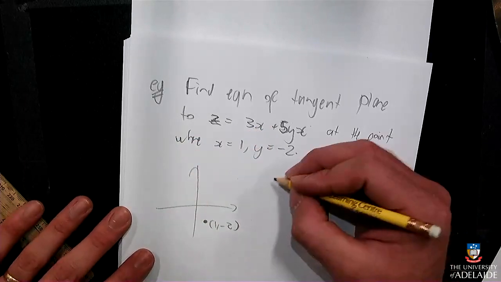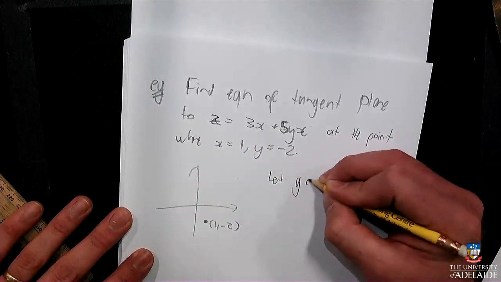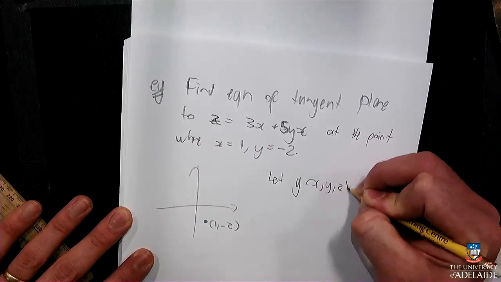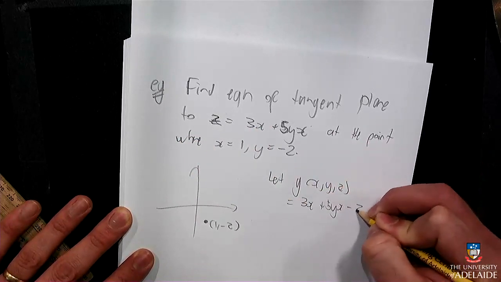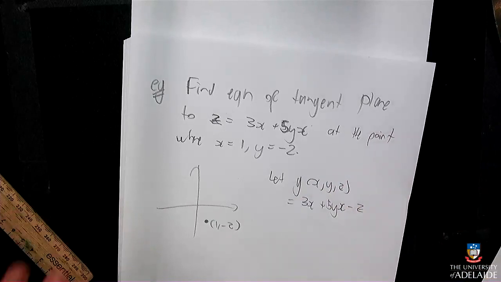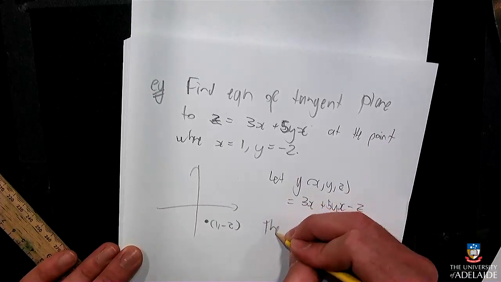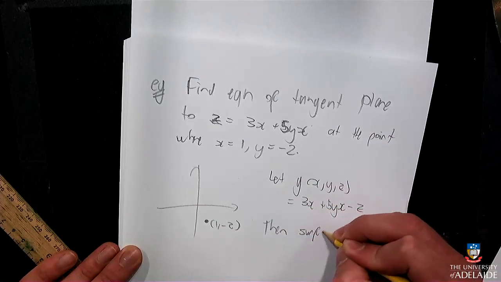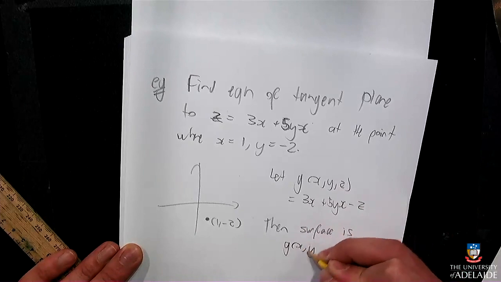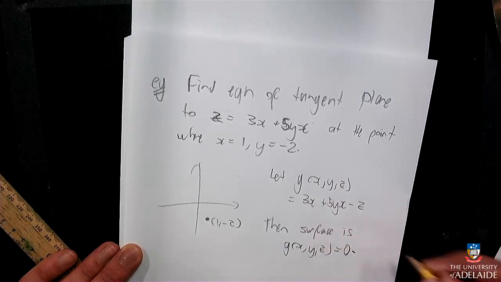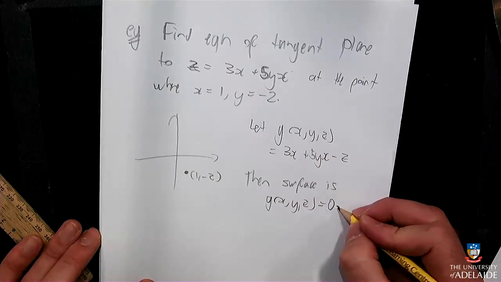So I'm going to define g of x, y, and z to be 3x plus 5yx minus z. Then the surface is actually g of x, y, z equals 0. It's made by that equation.